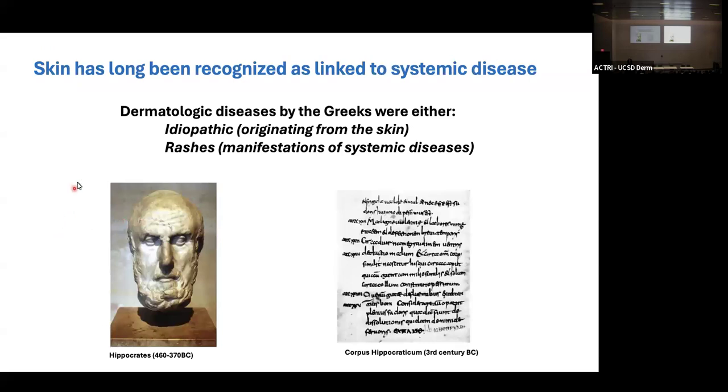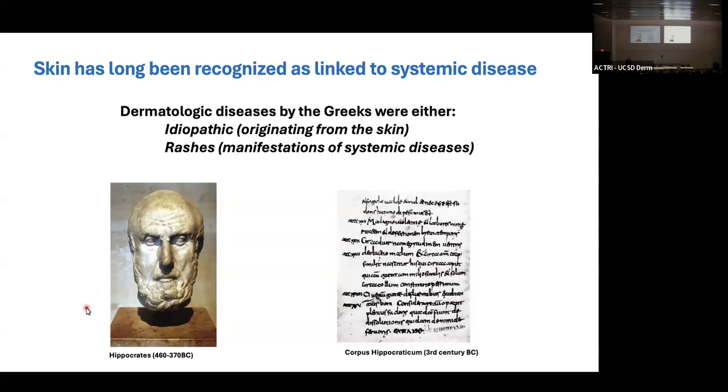So most of you have heard the name Hippocrates, and those of you with MDs have taken the Hippocratic Oath. You may not know, actually, that Hippocrates' main medical activities were probably as a dermatologist. That was, at the time, one of the principal methods in medicine for diagnosing patients.